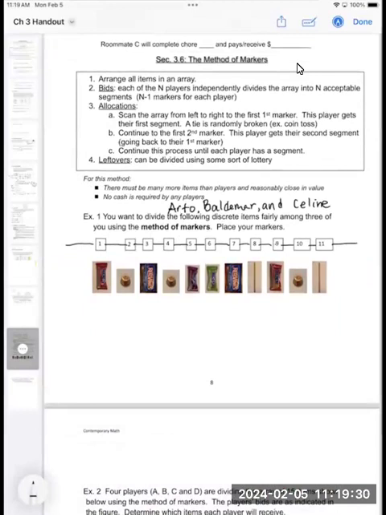Next, the bids. Let's say that we have 3 players here. You want to divide the following candies and pencils up between 3 people I chose from this class: Arto, Baltimore, and Celine.